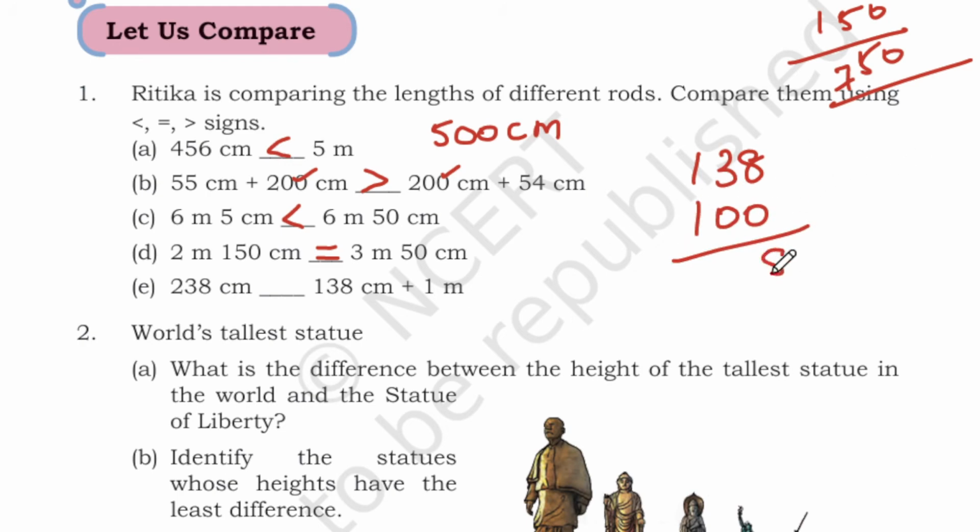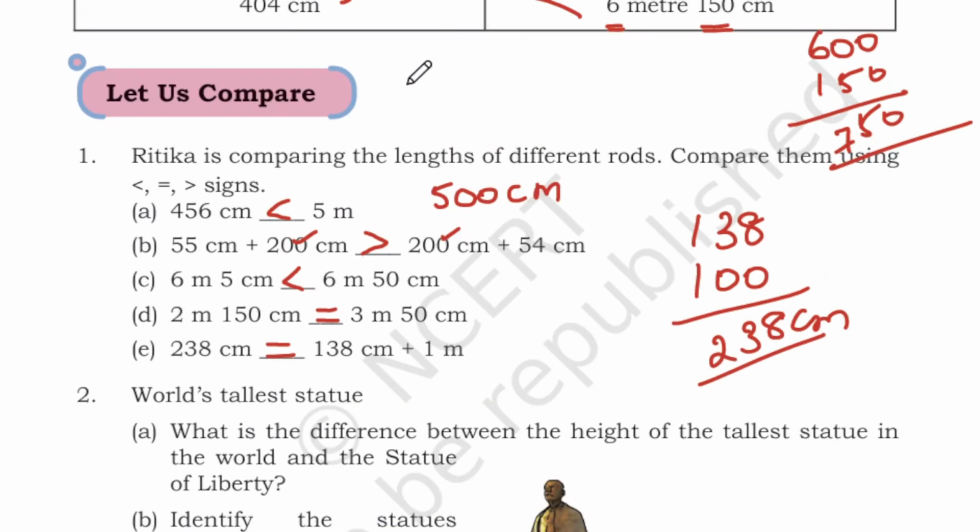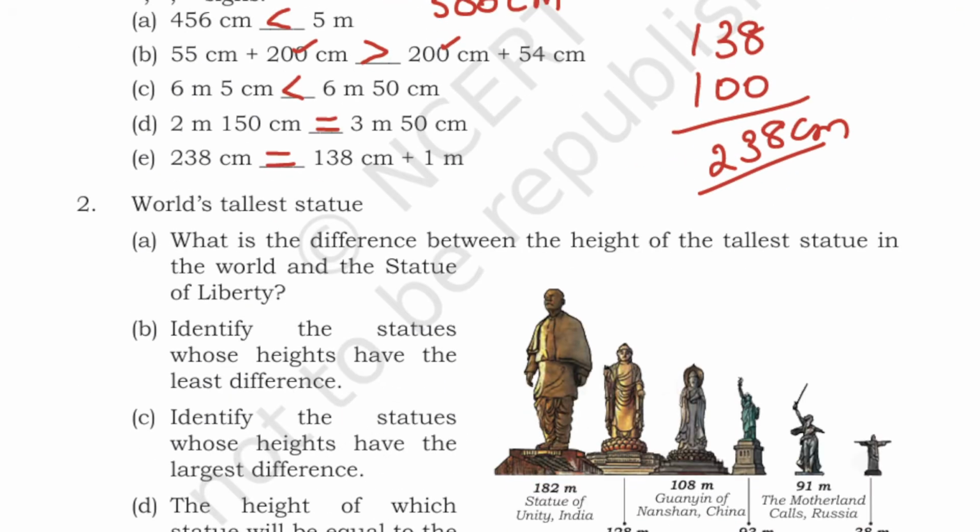So 8, 3, 1 plus 1 is 2. So 238, again 238. So these two are equal. So this is in centimeter also. Okay, this is an important question, students. These types of questions are important. Okay, next we have the world's tallest statue.